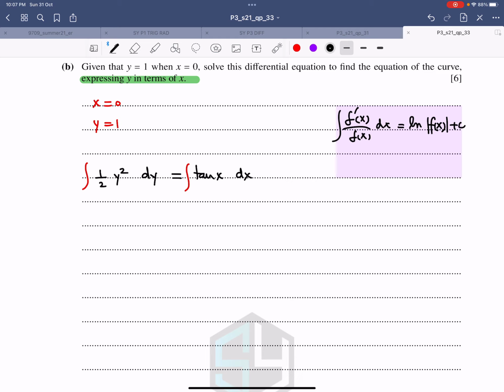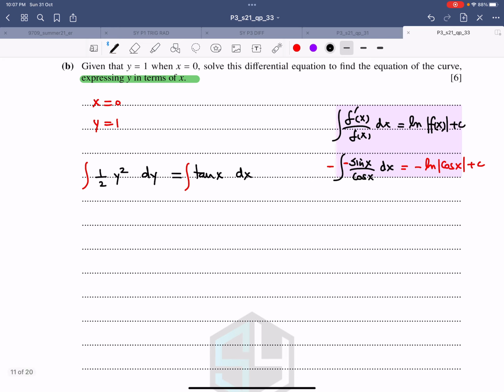Now, if I write tangent x as sine x over cosine x dx, the derivative of cosine is negative sine. So put a negative outside to balance it. Therefore, this is negative ln of cosine x plus c. That is the integral for this part.